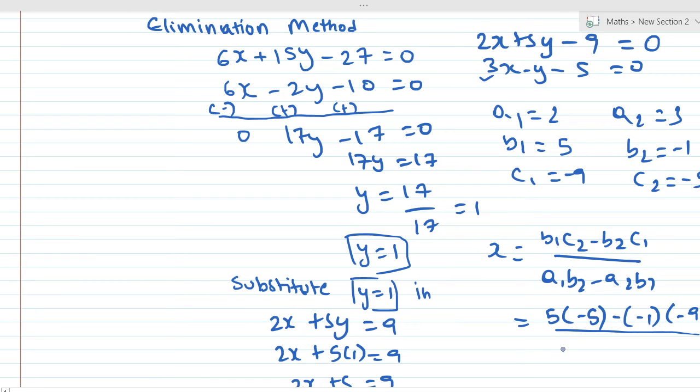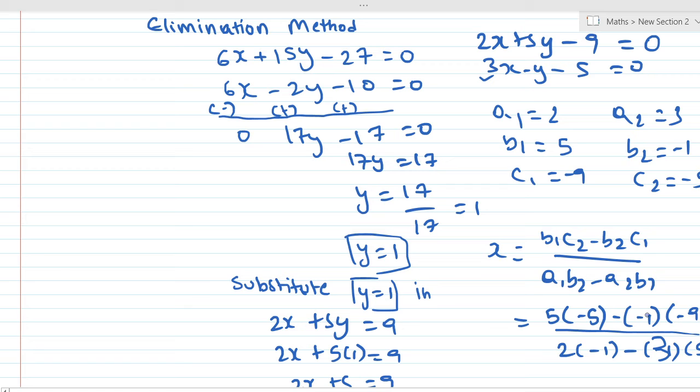Next a1 is 2, b2 is minus 1, minus a2 is 3, b1 is 5.